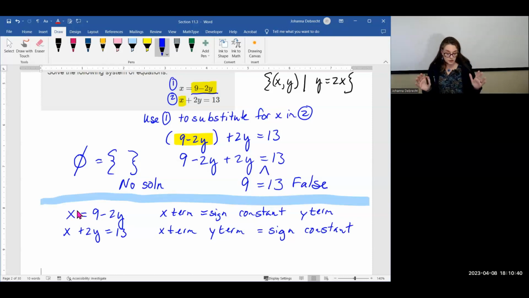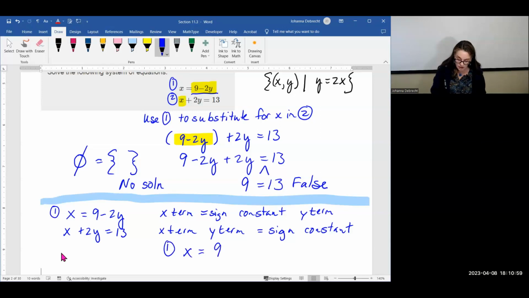Does it matter which one you use? No, it doesn't matter which one you use. Since the first one is x equals 9 minus 2y, I'm just going to leave it in that form. So I'm going to have to transform equation 2. I'm going to leave equation 1 the way it is right now, x equals constant and then y term, and I'm going to take equation 2 and transform it.